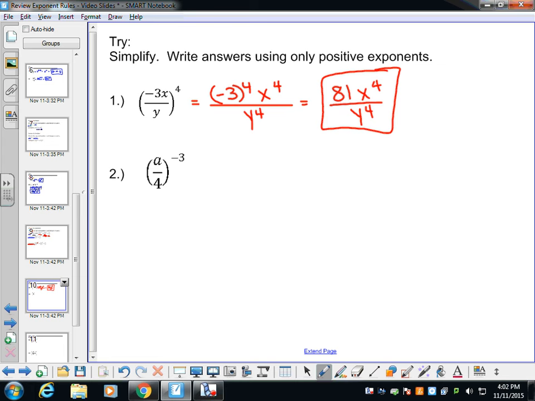The next one has a negative exponent, so I'm simply going to find the reciprocal of the part that's being raised to the exponent, so then the exponent becomes positive. Now I can apply the previous rule, and I get 4 to the third over a to the third, which gives me 64 over a to the third.